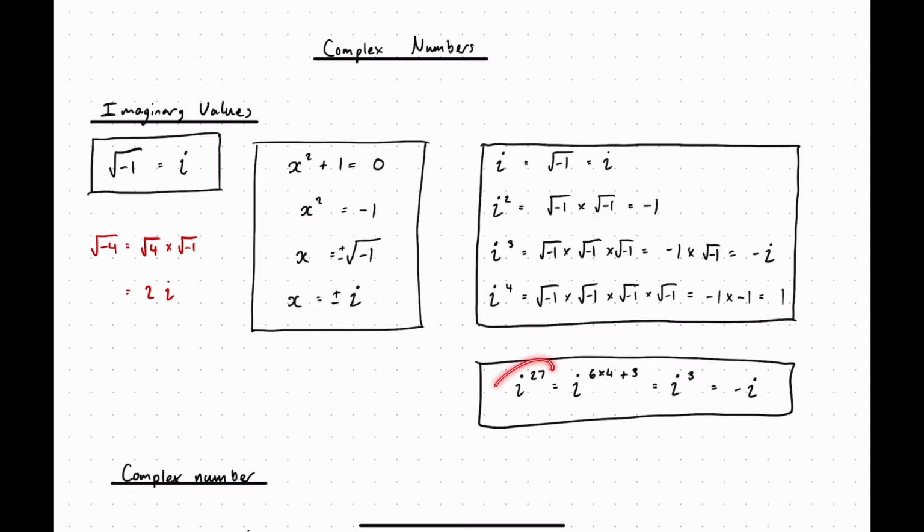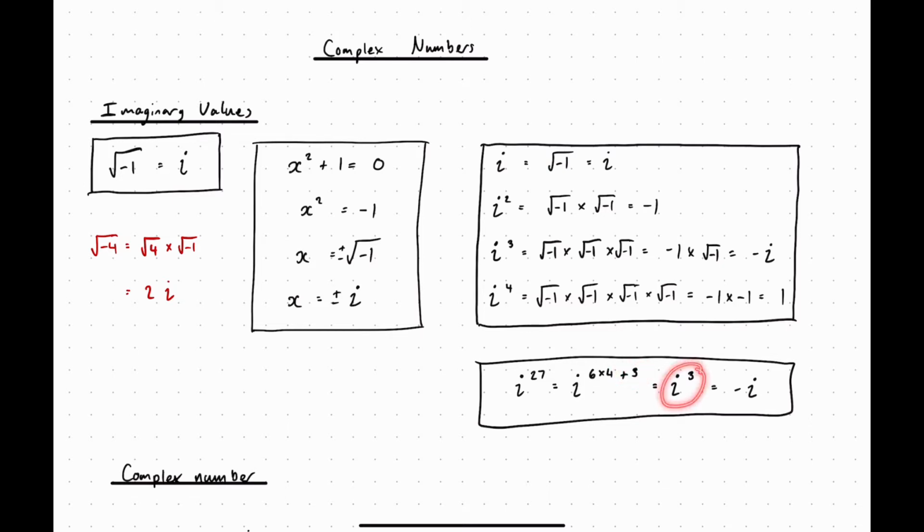Basically, if you've got i to the 27, what you can consider is how many i to the 4s are in i to the 27, because i to the 4 is 1, and every fourth power of i is 1. So i to the 8 is also 1, i to the 12 is 1, i to the 16 is 1, i to the 20 is 1, i to the 24 is 1, 6 lots of 4, and that would leave power 3 left over.